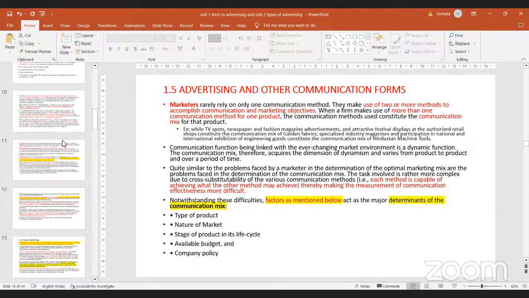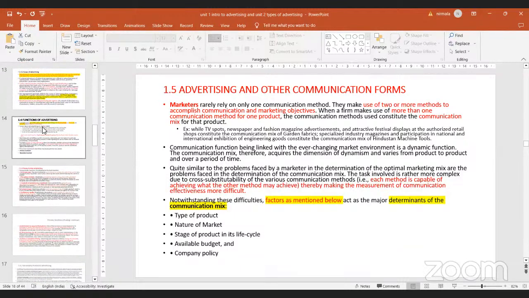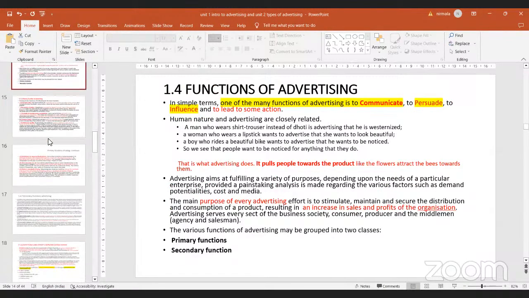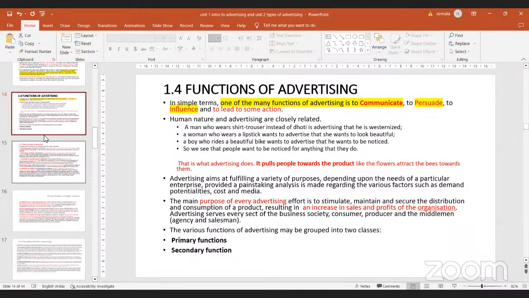Along with advertisements, we also discussed what other forms of communication a company or organization adopts to reach its target groups. Advertising is a paid form of communication, as we discussed in the previous class.